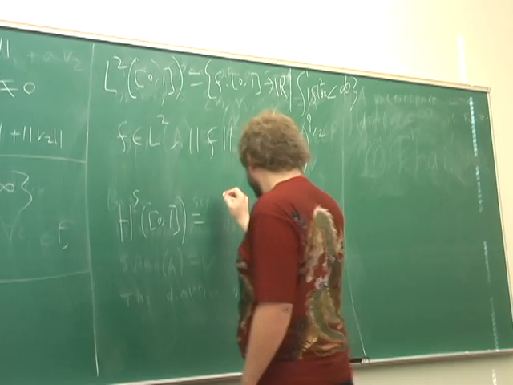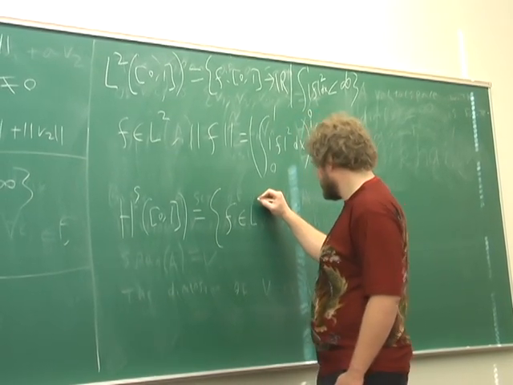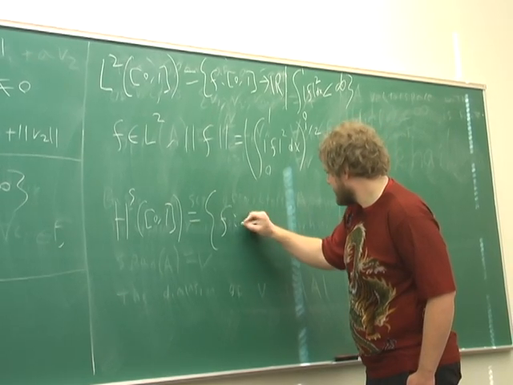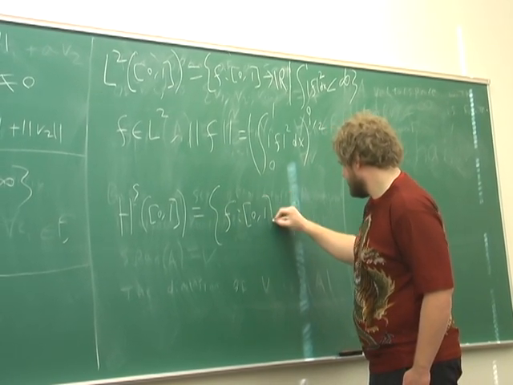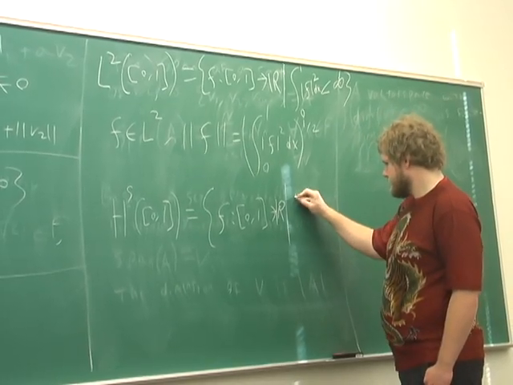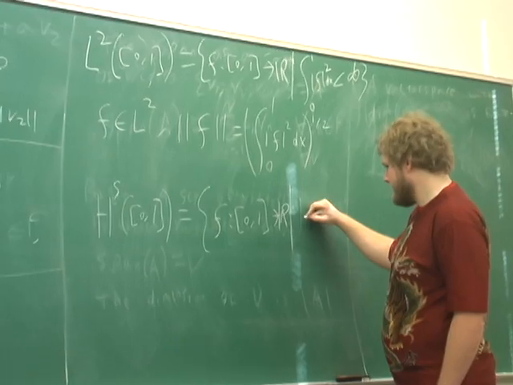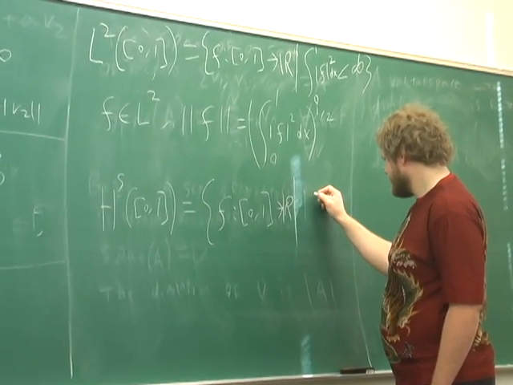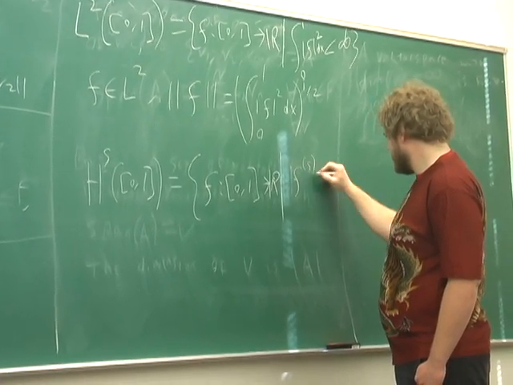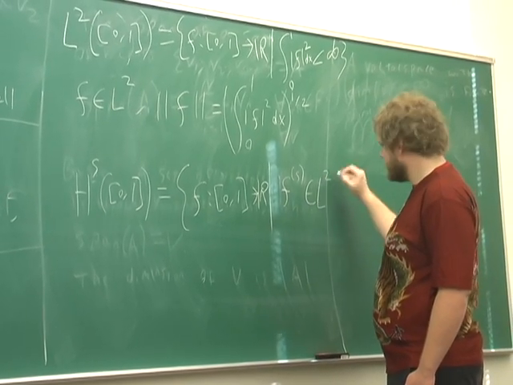So these are all functions from 0, 1 to R, whose s-th derivative is in L2. Which means that the s-th derivative squared integral is finite. The L2 norm of the s-th derivative is finite.